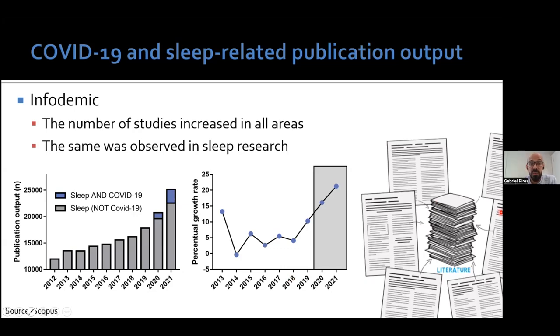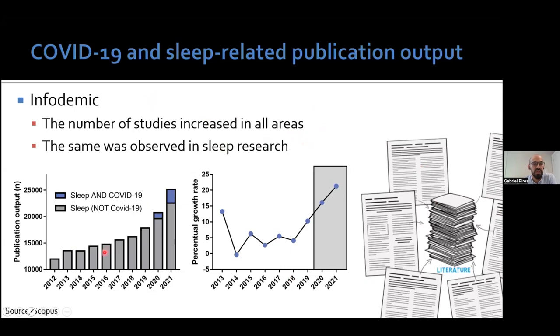So during the pandemic, we entered a very clear infodemic condition, infodemic being an epidemic of information. So the number of studies increased in basically every possible area, and the same was observed in sleep research.